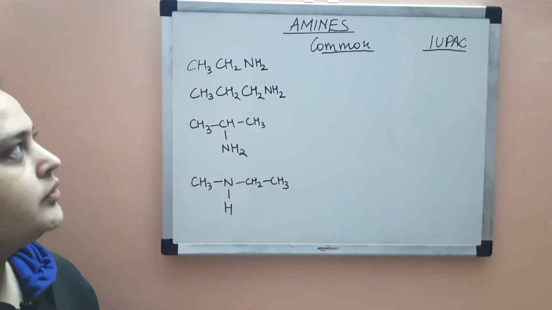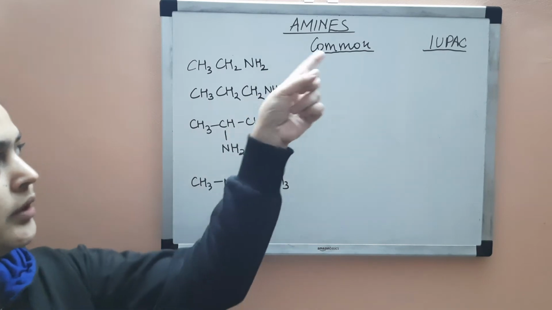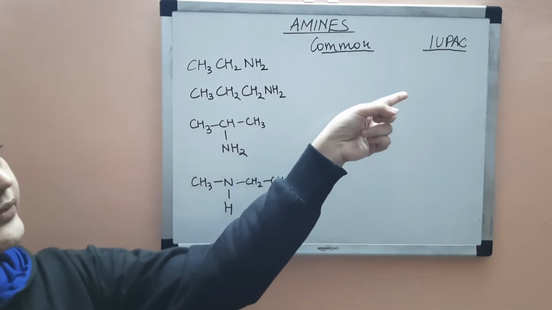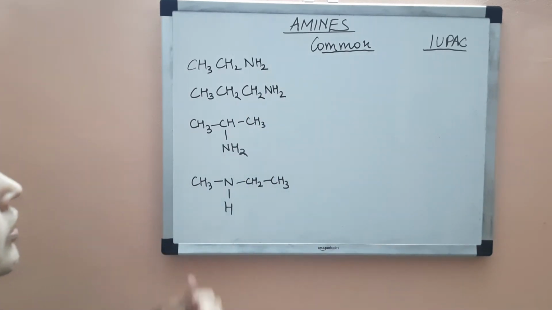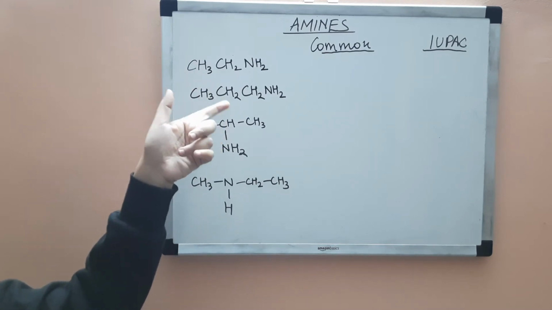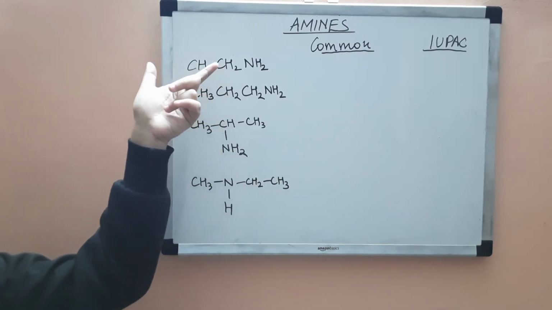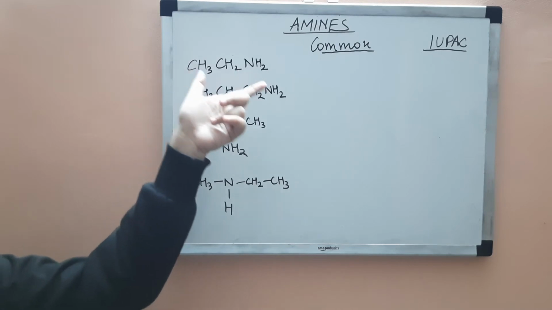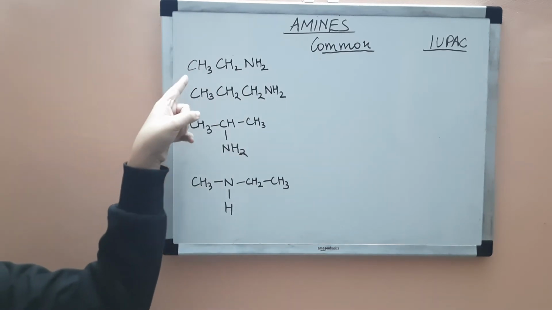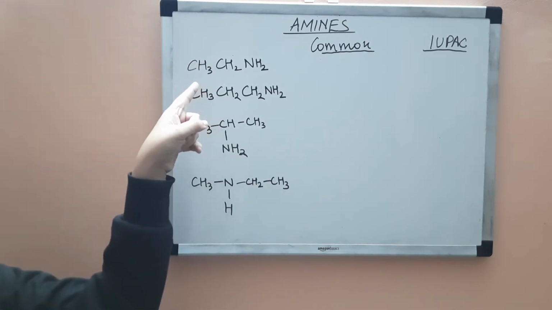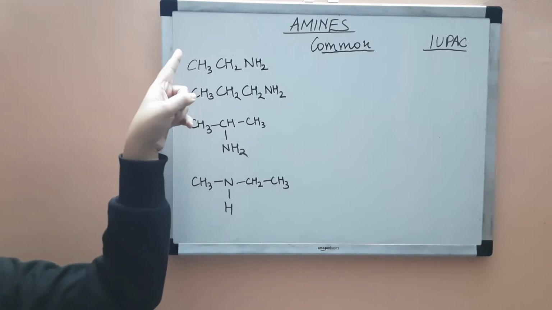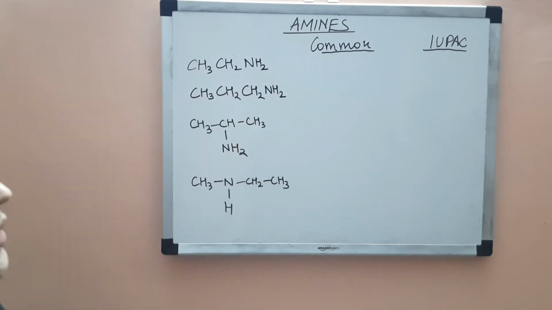These are some of the compounds, and we have to name them according to the common nomenclature as well as IUPAC nomenclature. In common nomenclature, we name an amine as alkyl amine. Here there is ethyl as the alkyl group, so it will be named ethyl amine in the common nomenclature.